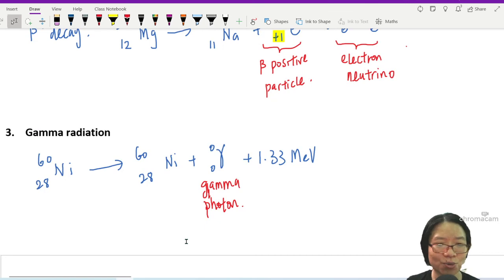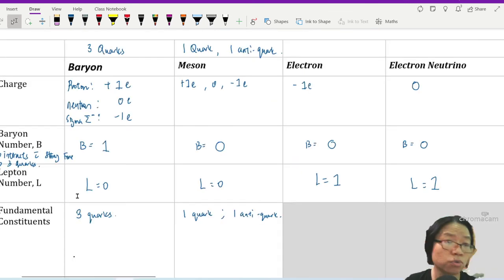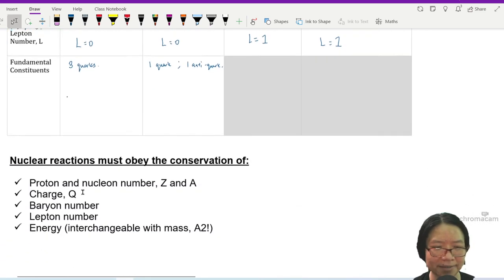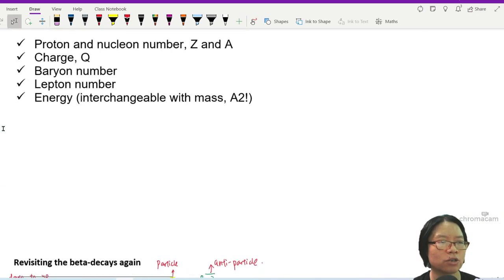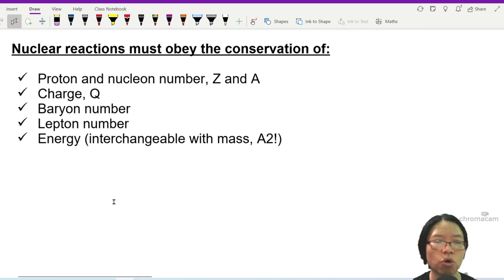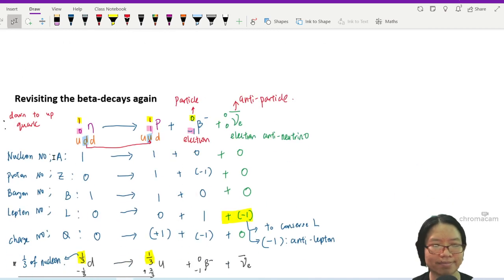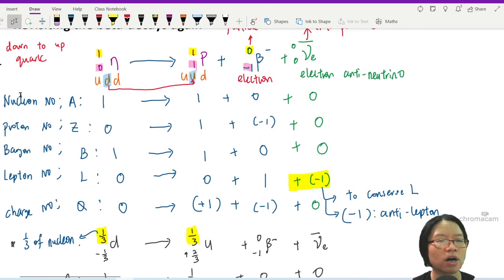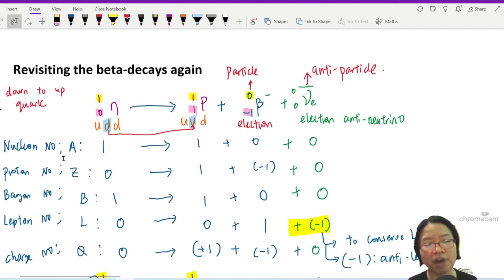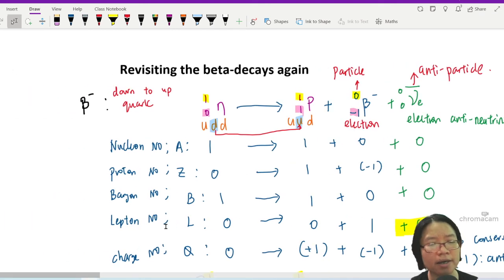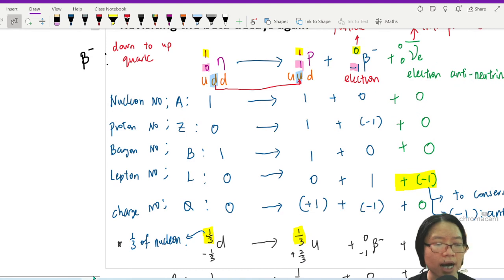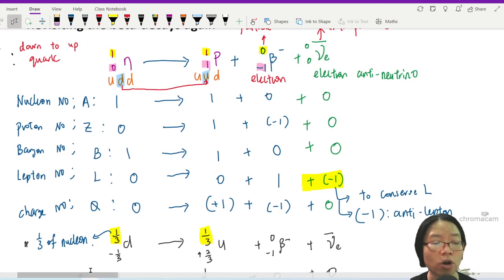Okay. So in this video, you have looked at what is baryon and lepton number, and also how nuclear reactions, when you write them, have to obey all the numbers. I have given you a detailed walkthrough of the beta plus and the beta minus decay about how all these numbers are balanced or conserved.